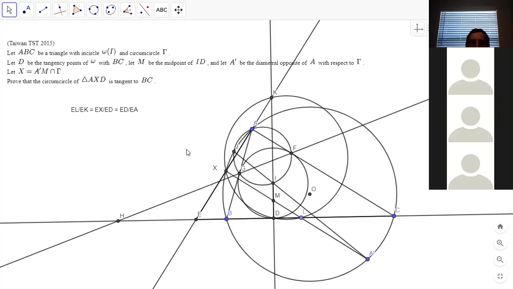So M, okay, so M is the orthocenter of KEL, right? So KD times MD is ED times DL. And then we want to show that I is the orthocenter of KHL. So it means that KD times ID is HD times DL.